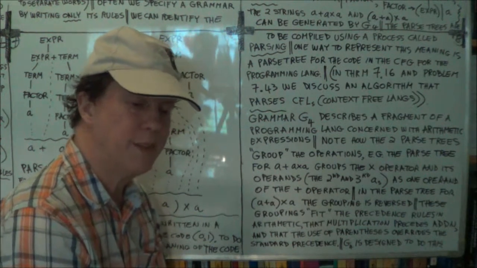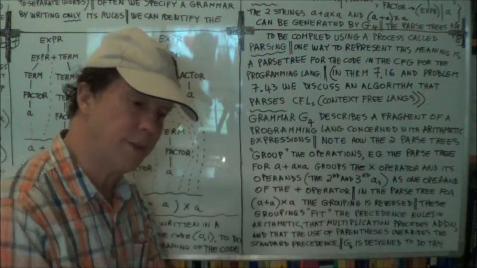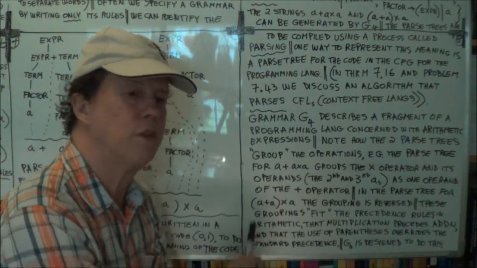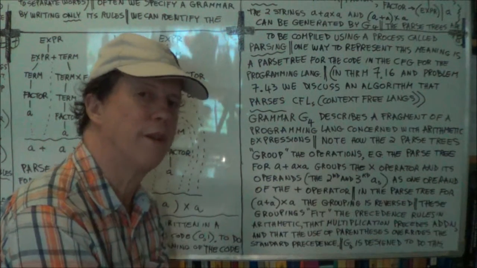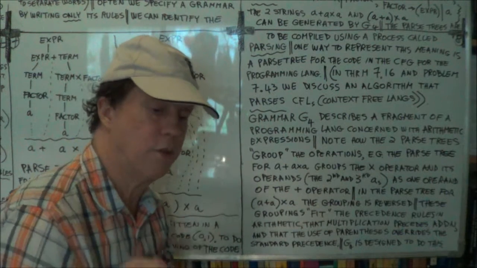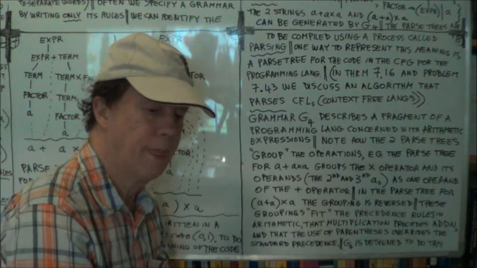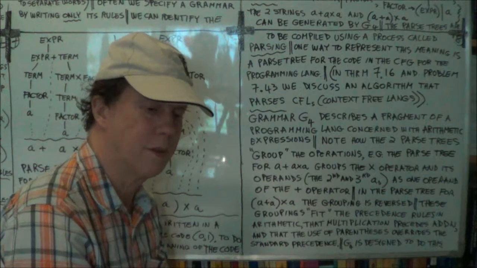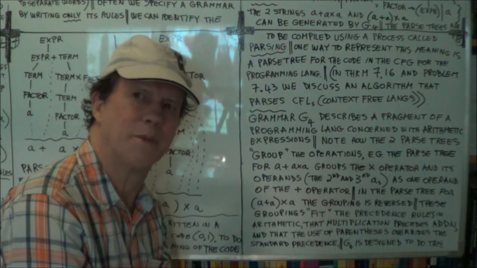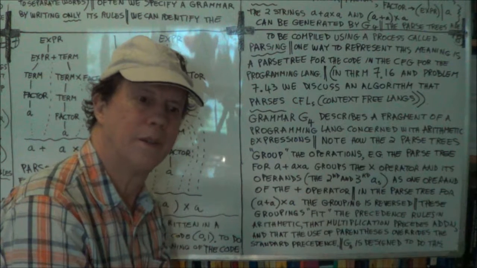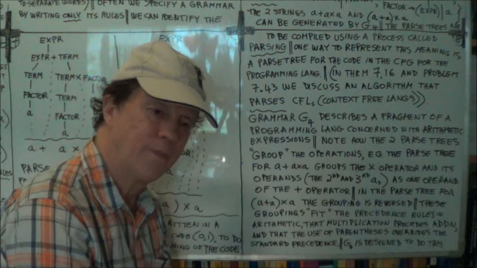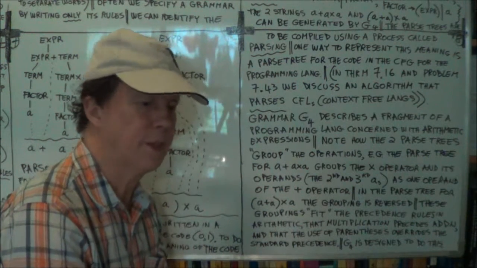Well, without using parentheses, there's a rule of precedence that you operate on the multiply first and then the plus. So 2 plus 3 times 4.